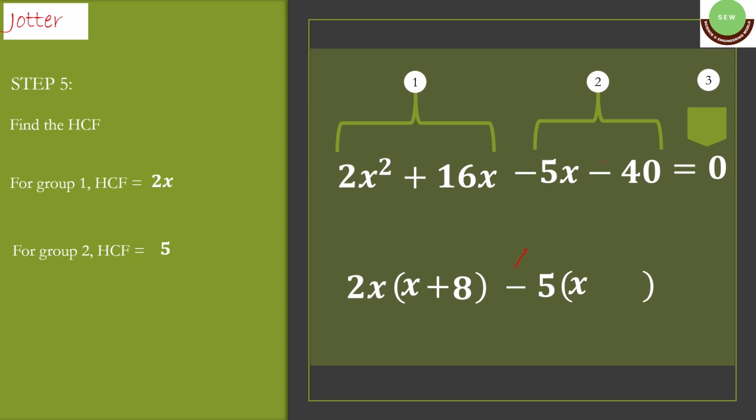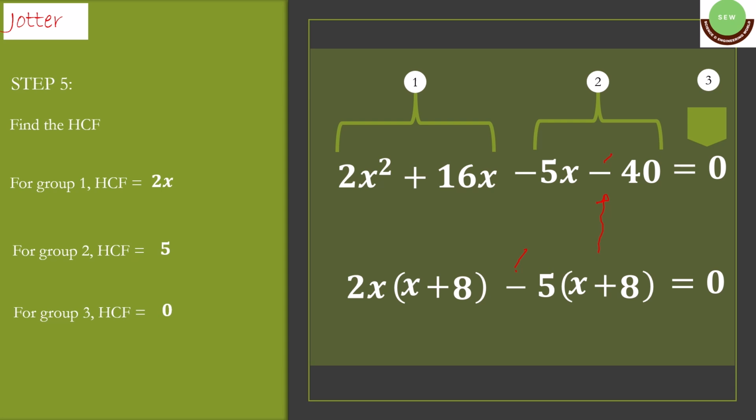For us to get minus out of here, then the sign in between must be positive. So minus times plus will give us this minus. And then the 5 in 40 is giving us 8. The HCF for the right-hand side is 0. So 0 in 0 will give us 0.